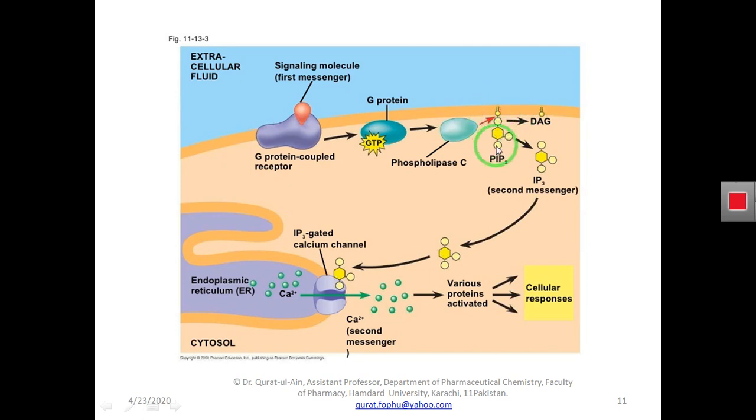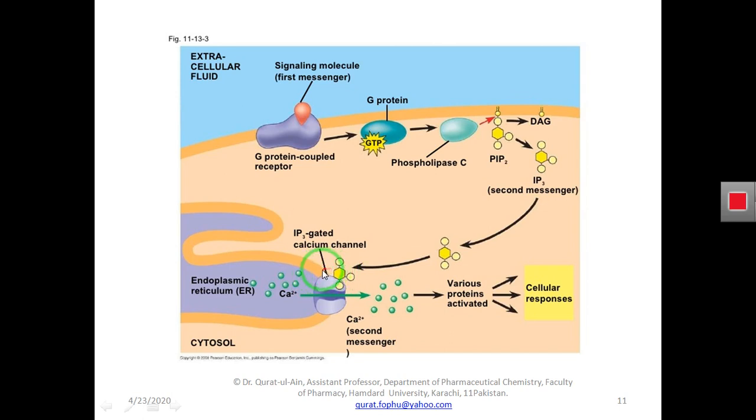however, PIP2 is converted into PIP3, and this PIP3 is actually a second messenger, and it will go to the intracellular calcium stores, the endoplasmic reticulum, which has intracellular calcium stores.